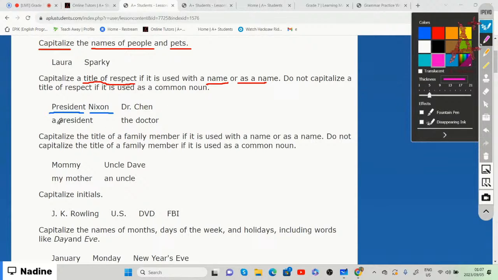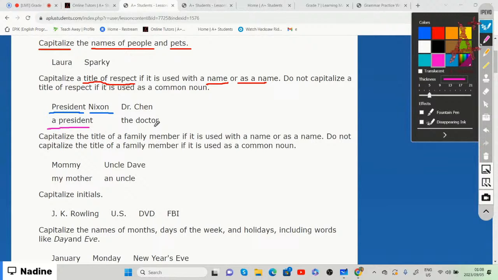However, we do not capitalize a title of respect if it's used as a common noun. So if we say a president or we say the president, then we do not capitalize it, because here we are only making mention of a president, but we are not specifying the specific president.